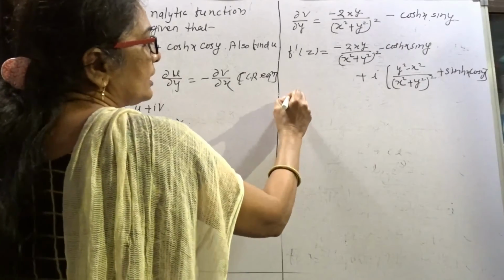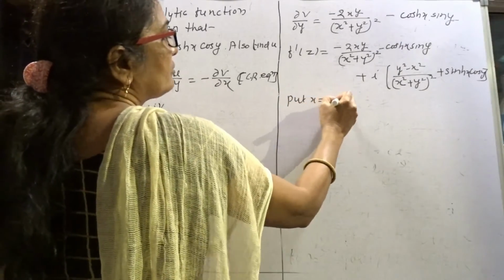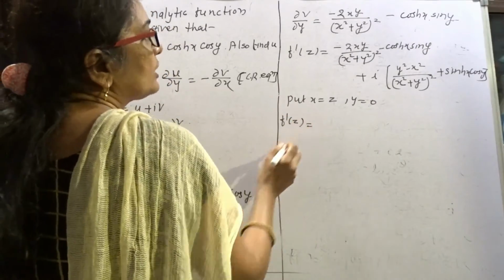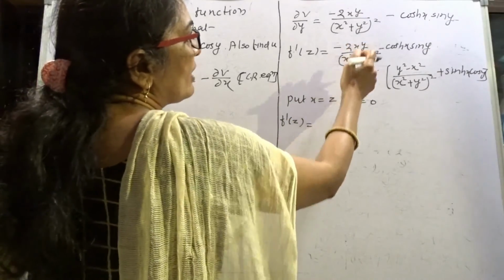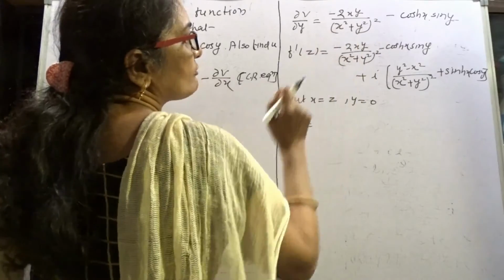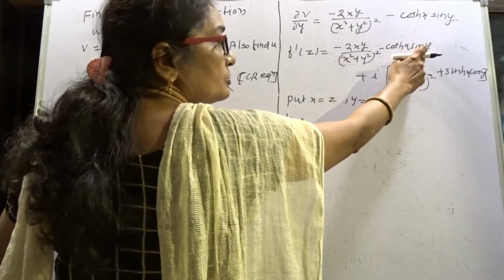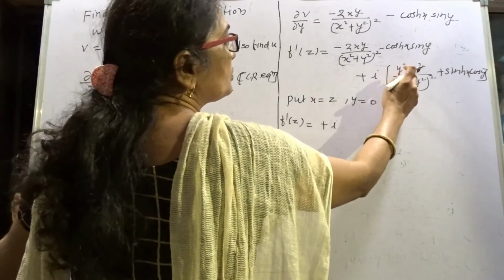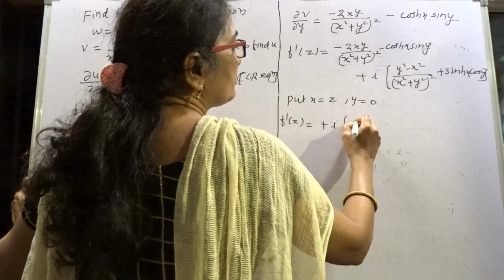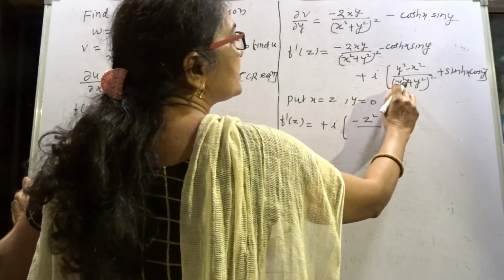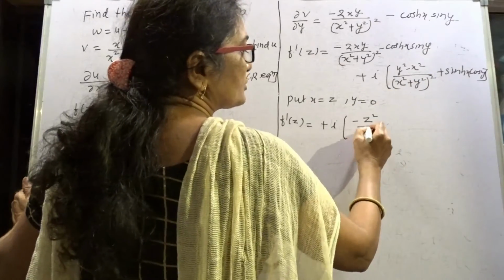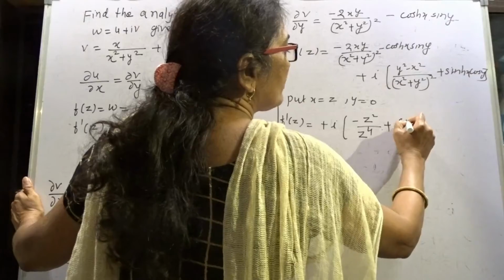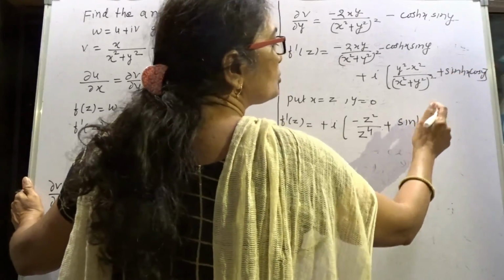Now we put x is equal to z and y is equal to 0. So we get f dash of z equal to, this term will be 0 because y is there and sin 0 is 0, plus i times minus z square upon z square the whole square, that is z raised to 4, plus sin hz into cos 0, which is 1.